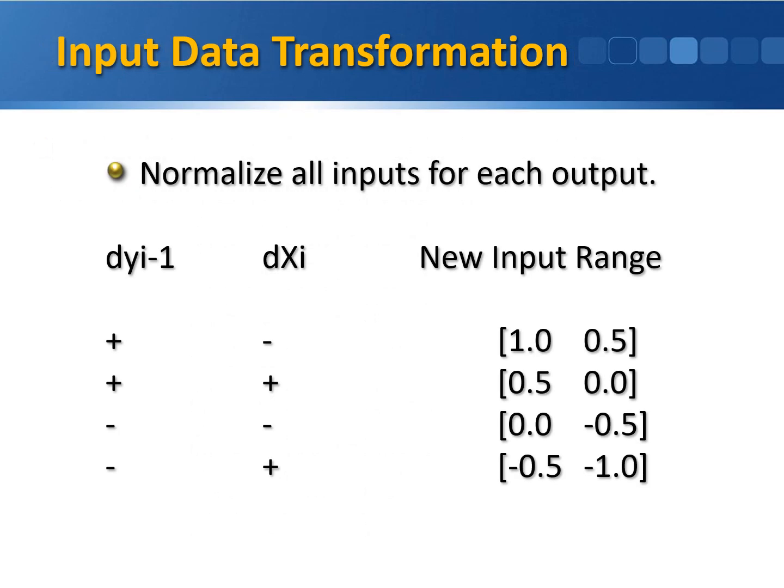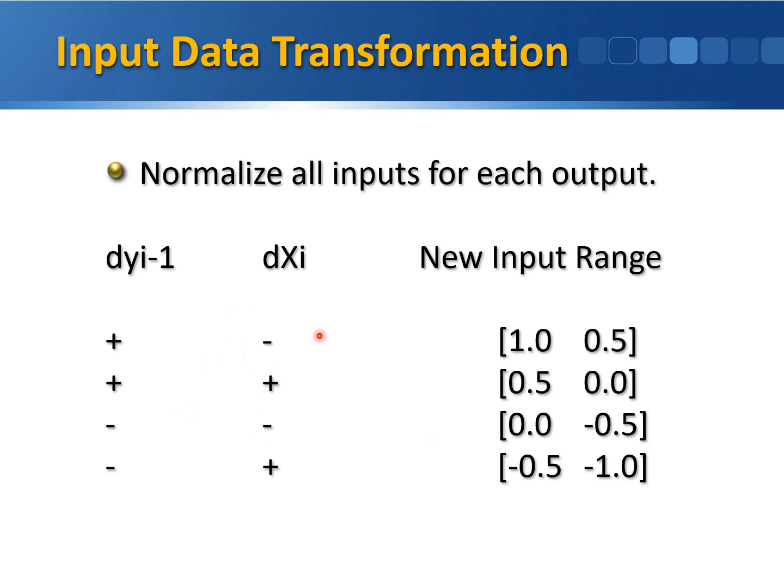Having considered the difference, another important thing we have to consider when it comes to input data for neural networks is how to normalize all inputs for each output. One of the cases I am showing in the slide, so that you can see how a particular input parameter varies with respect to the output.